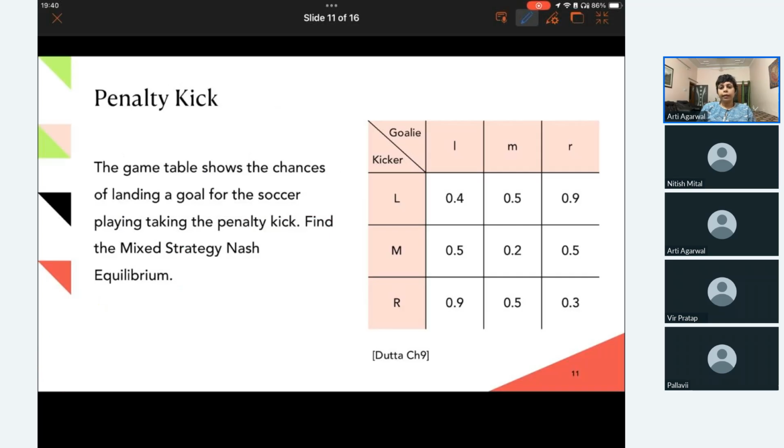Now in the penalty kick, you have to do something slightly similar so that you can make your life a little bit easier, and you can perhaps find out whether some strategy is dominated or weakly dominated.